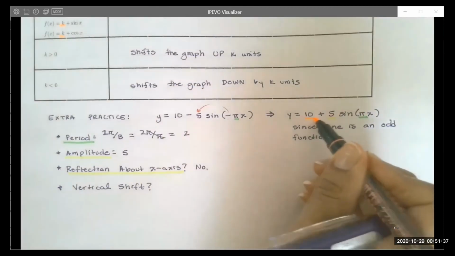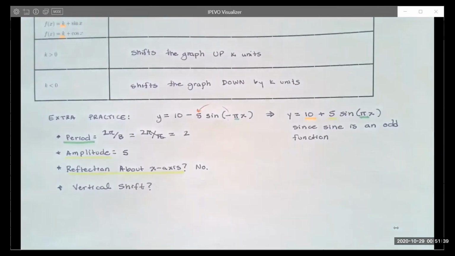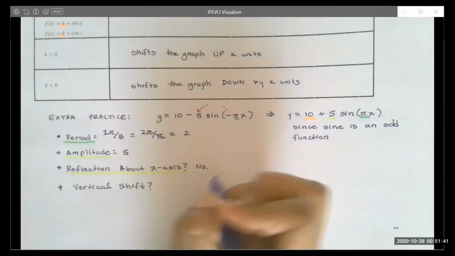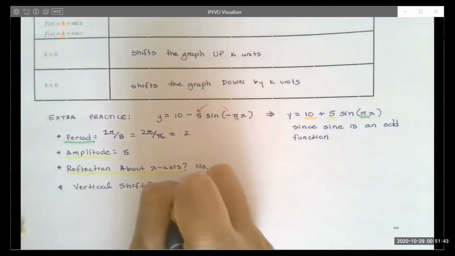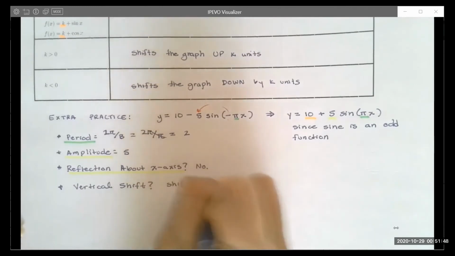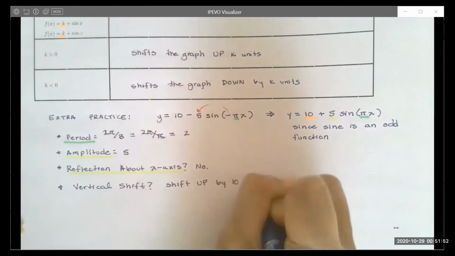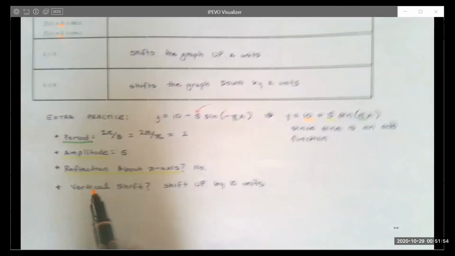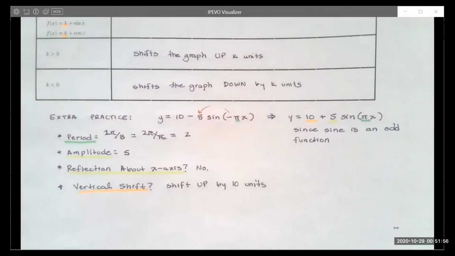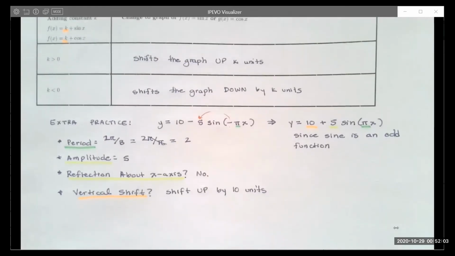And it's this 10 that's helping determine that vertical shift. So it's an upward shift. So it's going to be a shift up by 10 units. All right. Good. So any questions here?